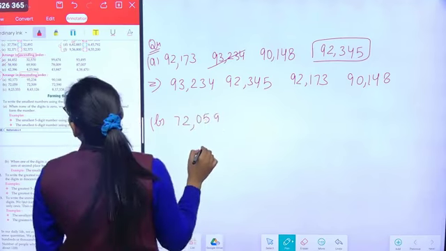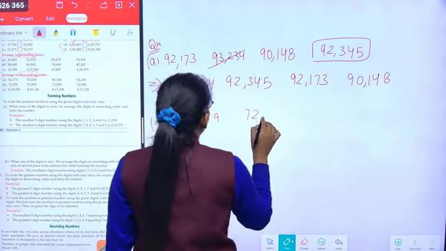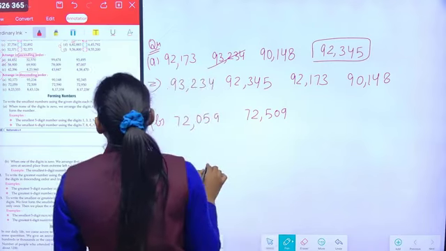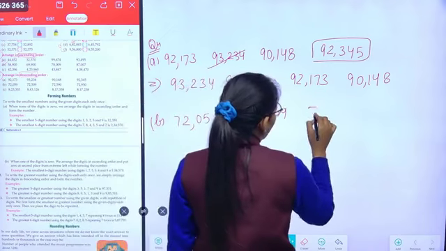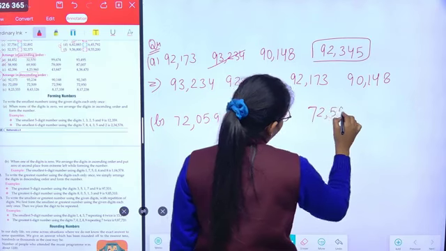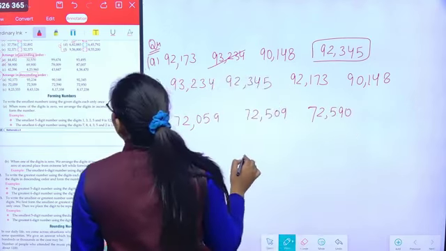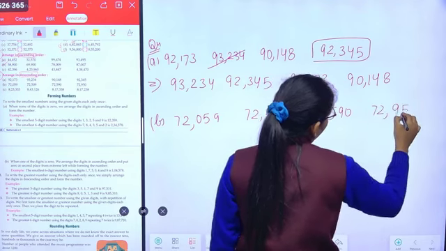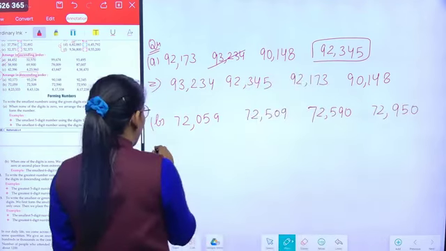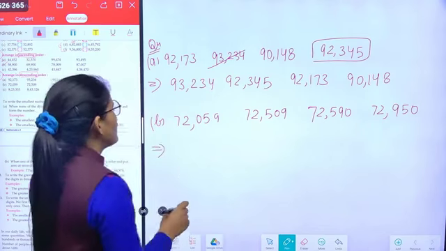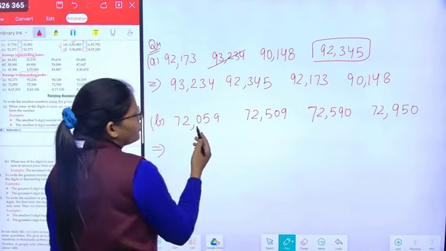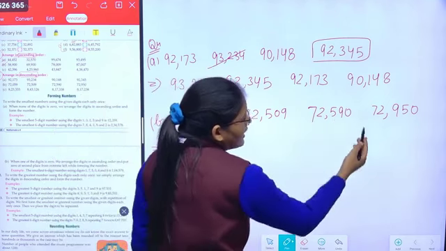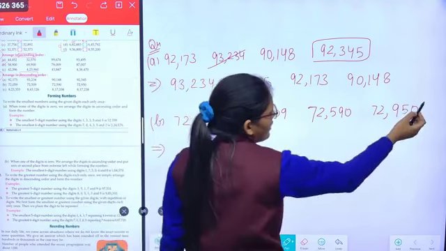52,059 and 72,509, 72,590, and then 72,950. Understand? Now 72,500, 72,059, 72,509, 72,590, 72,950.